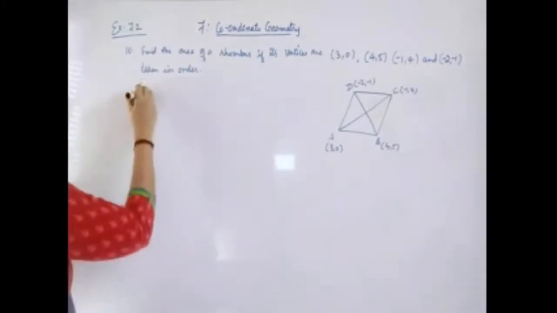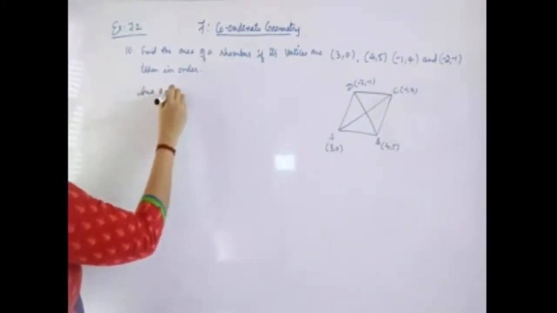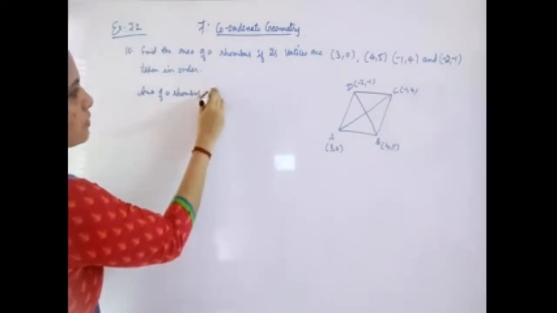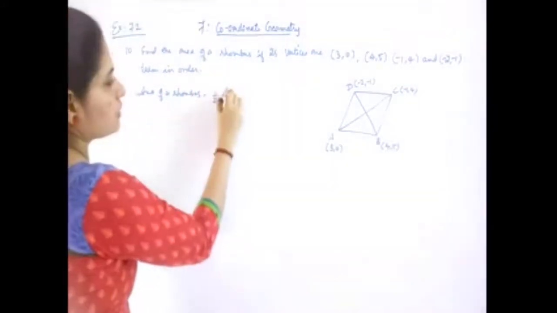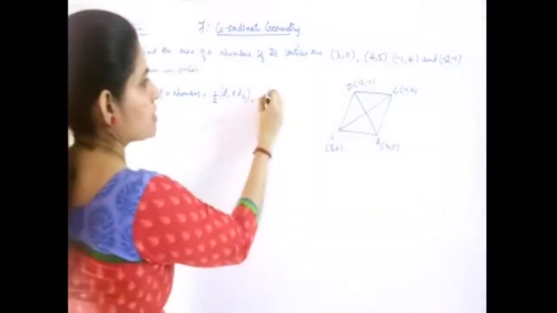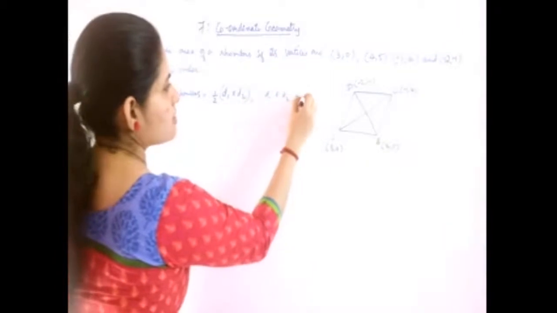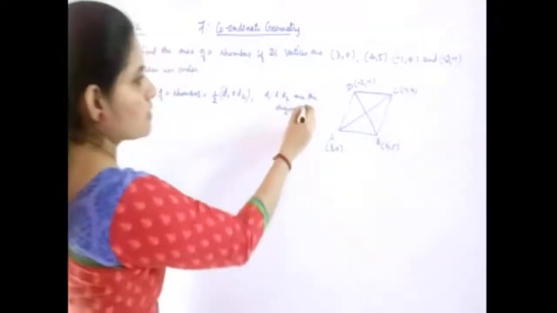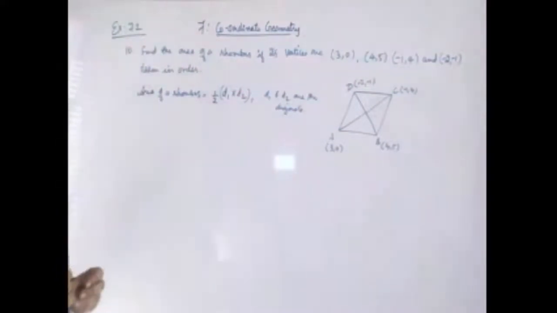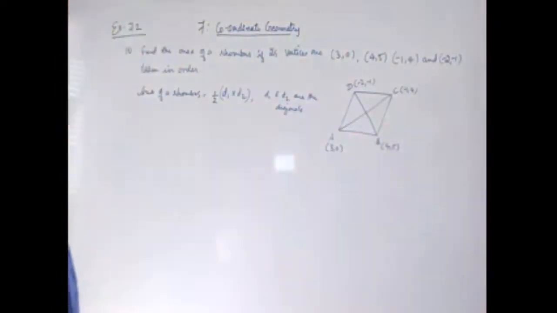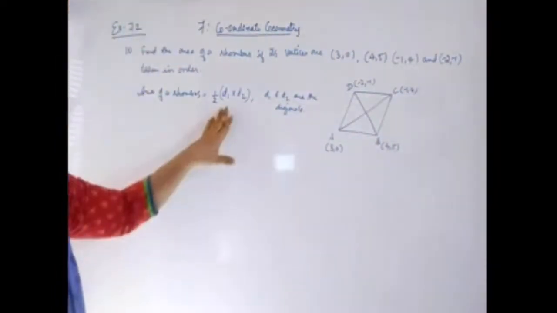To find the area, the formula for the area of a rhombus is half into the product of the diagonals, that means half into D1 into D2, where D1 and D2 are the diagonals of the rhombus. That means we have to find the length of the diagonals. The diagonals here are AC and BD.